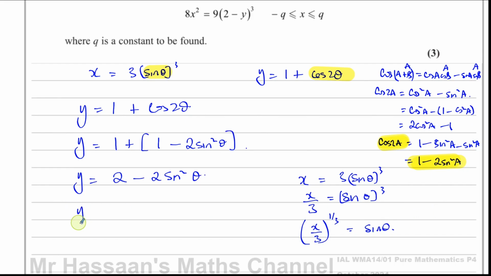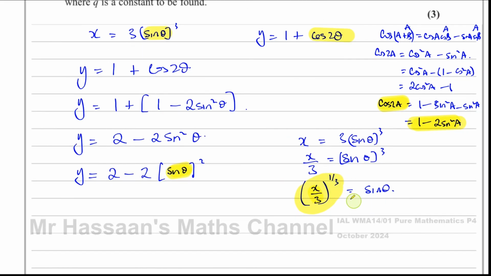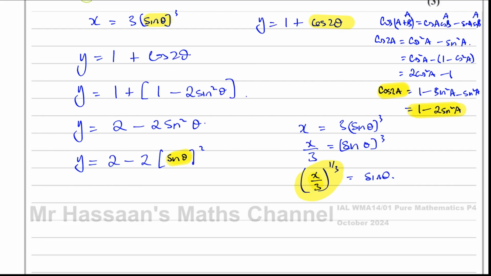So sine theta is the same as x over 3 to the power of a third. Okay, and this is like y equals 2 minus 2 times sine of theta raised to the power of 2. So I can replace sine theta with x over 3 to the power of a third.